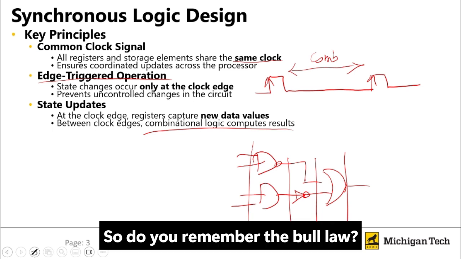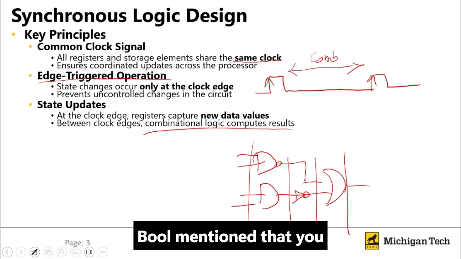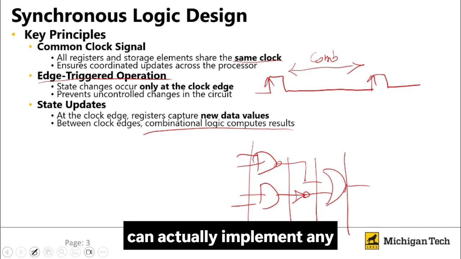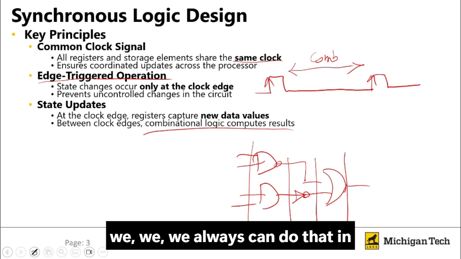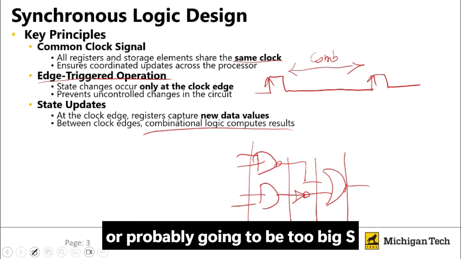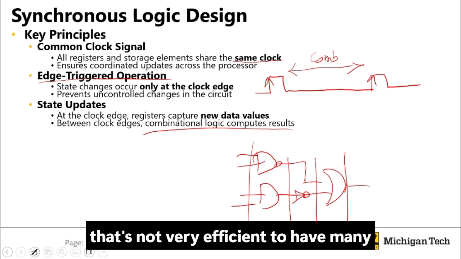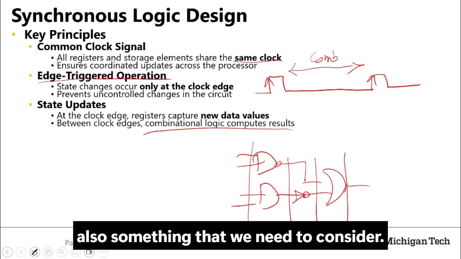So do you remember Boole's law? Boole mentioned that you can actually implement any circuit in just two layers. That's a rule, and we can always do that in just two layers. But the last OR is probably going to be too big. So that's not very efficient, to have many inputs for one gate. Anyway, that's also something that we need to consider.